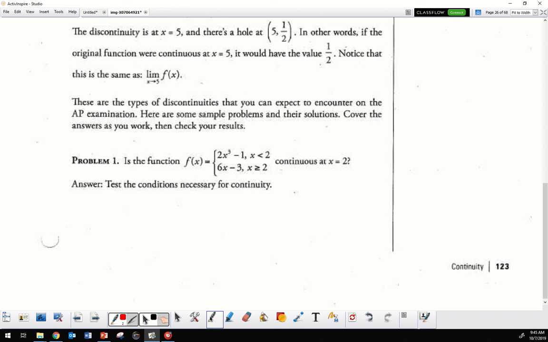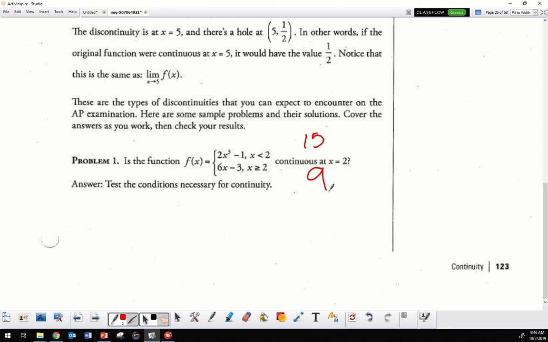So it's 8, 8 times 2, 16. 16 minus 1, 15. But the bottom one: 6 times 2 is 12, right? There we go, 12 minus 3, 9. Okay, so sorry. I was trying to go too quick.